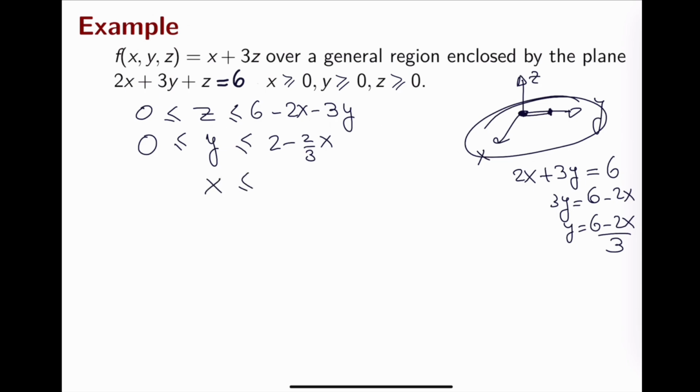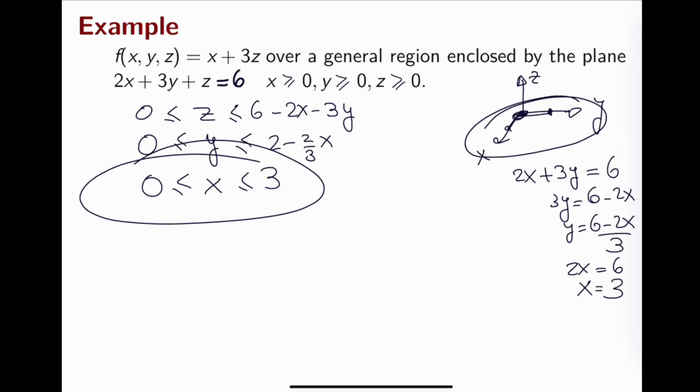And finally, the variation of x in the same way is going to start at 0 and end here with the intersection where y and z are equal to 0. So we put those things here and we get that 2x is equal to 6, and so x is equal to 6 over 2, which is 3. This is going to be the upper bound of the variation of x.